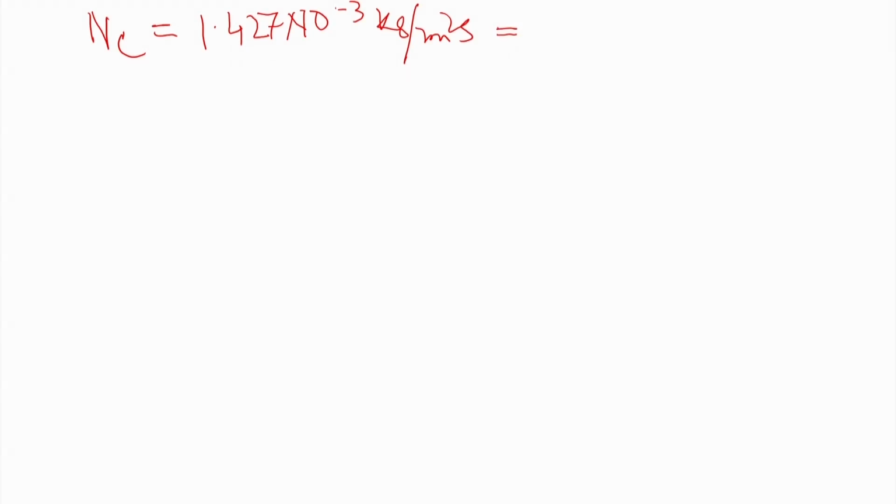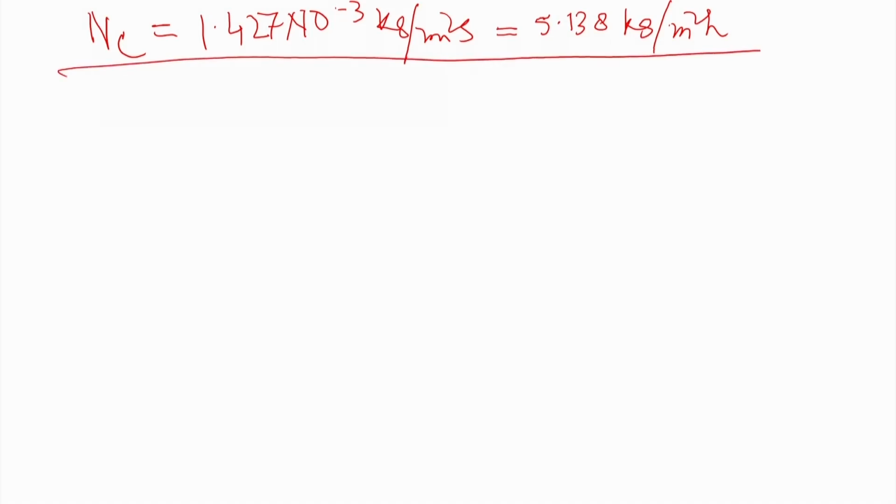If we multiply with 3600, it will be 5.138 kg per meter square hour. Okay, so now we have NC is equal to 5.138 kg per meter square hour.